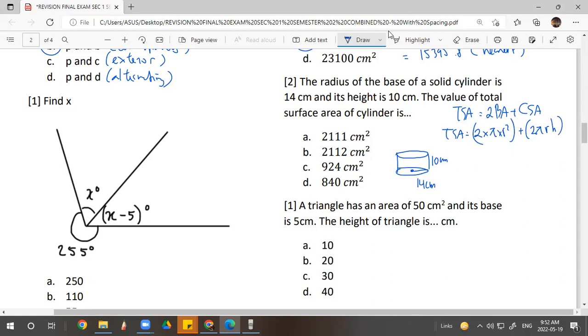Okay. So put everything: 2 times 3.14 times 14 squared. Be careful about this. If we are given the diameter, you have to divide by 2, right? Plus 2 times 3.142 times 14 times 10. Okay, let's do the working right now.